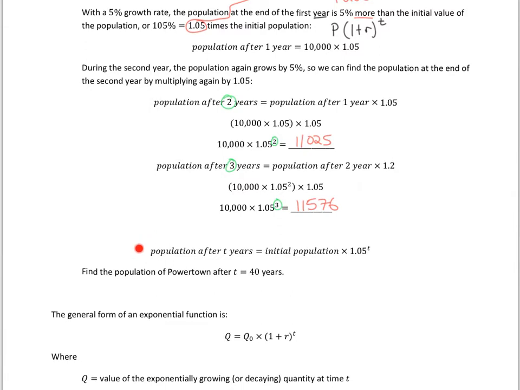Here is the general formula, with our rate filled in already. So all we have to know is the initial population times 1.05, that's 1 plus the rate, raised to the 40th power because it's 40 years. And this is about 70,400 people.